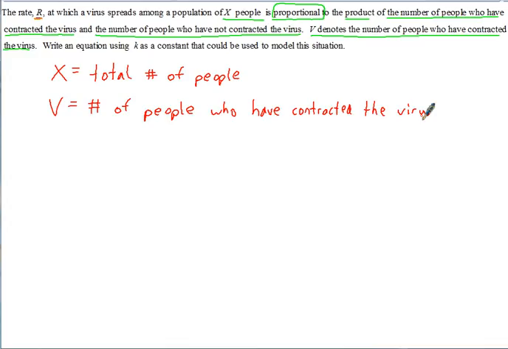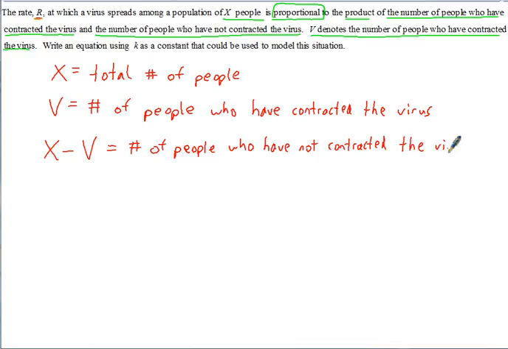So we need some expression for the number of people who have not contracted the virus. Well, wouldn't that just be the total number of people minus the number of people who have contracted the virus? So it says write an equation using K as a constant to model the situation.